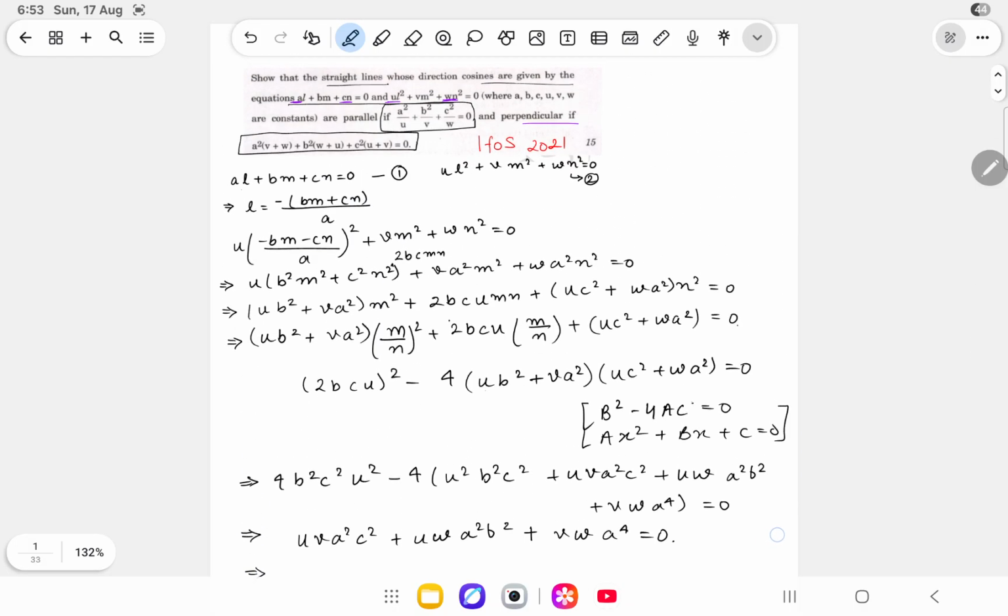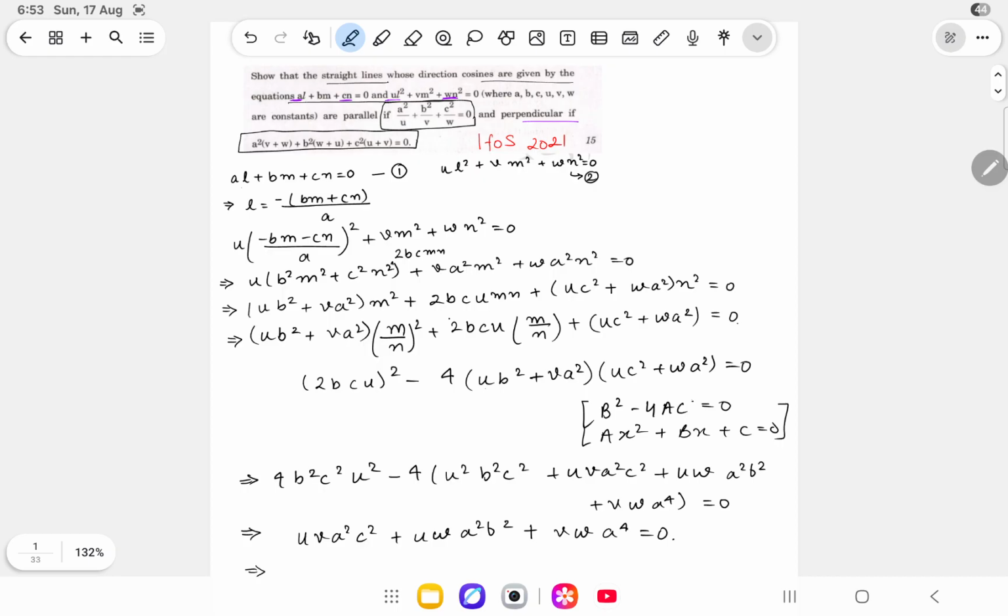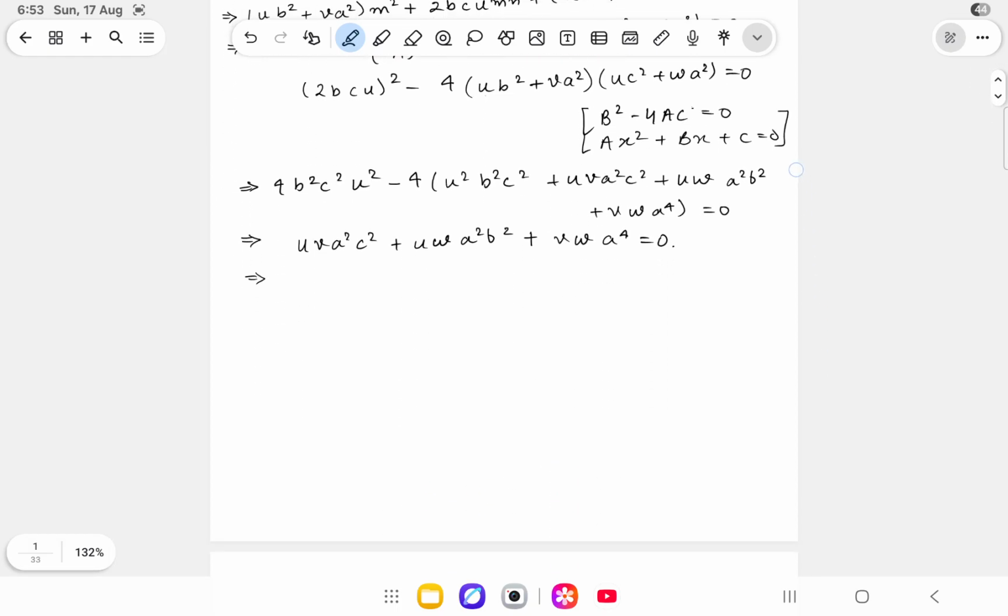Let us see what we need to prove: A square by U plus B square by V. Okay, we can take A square common, then we get UV C square plus UW B square plus VW A square equals 0.